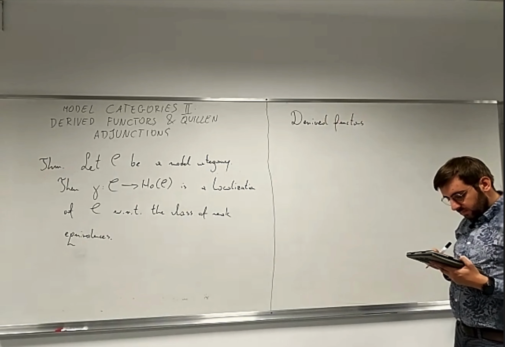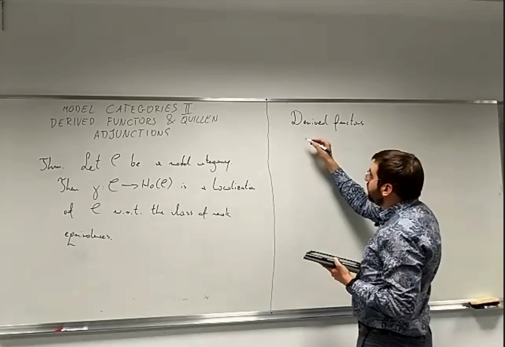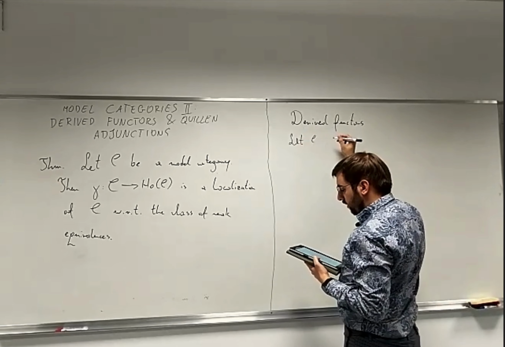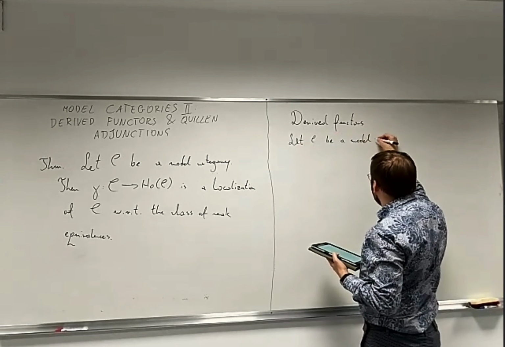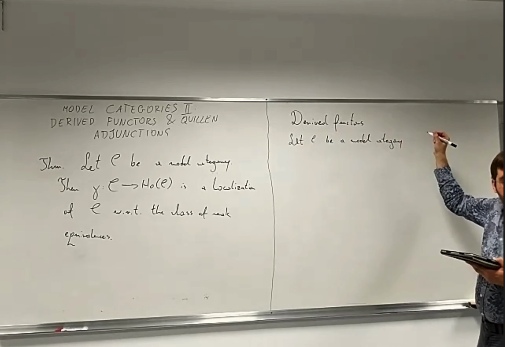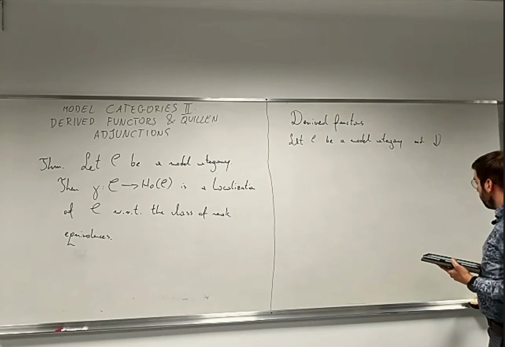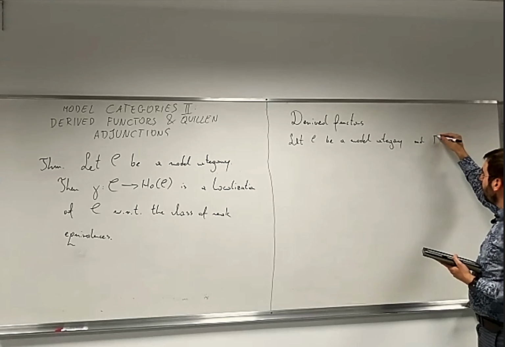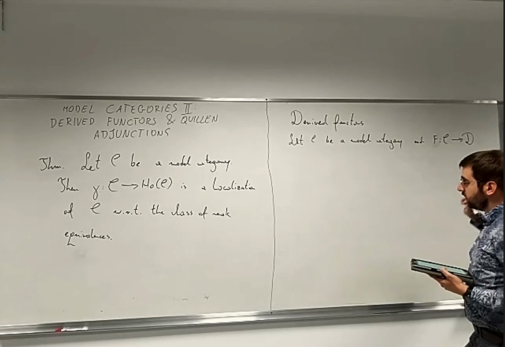Here we'll start with C, a model category, and D. Sorry, we will have a functor from C to D. So this is just a functor.